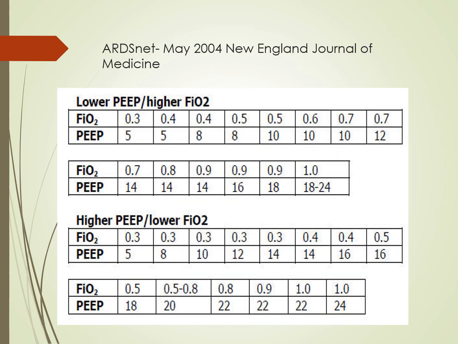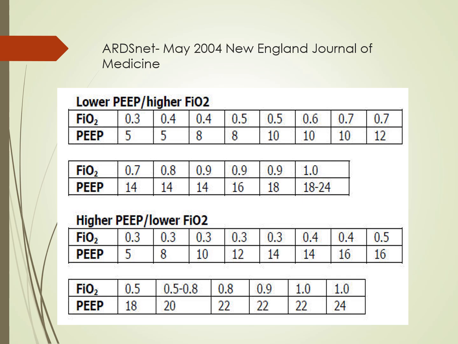I want to introduce you to a very important study, called the ARDS study, which was done back in May of 2004 and published in the New England Journal of Medicine. What they were looking at was patients with ARDS, and the goal was to determine what kind of tidal volume and PEEP would be best for this group.